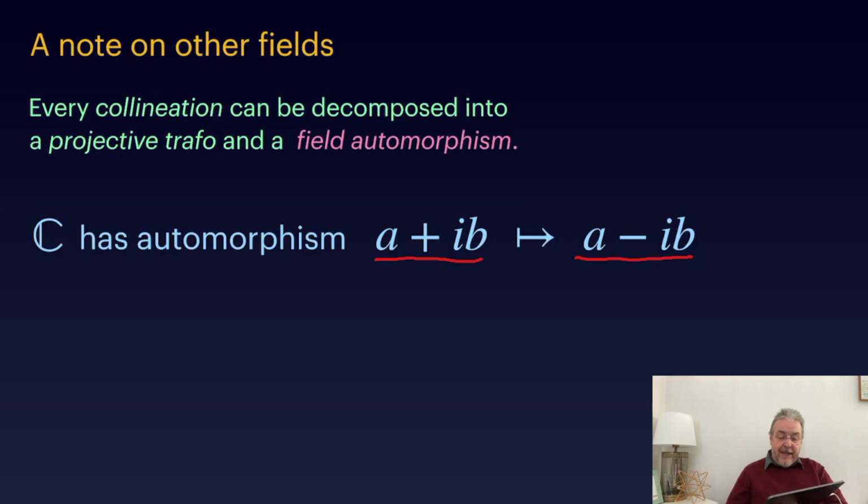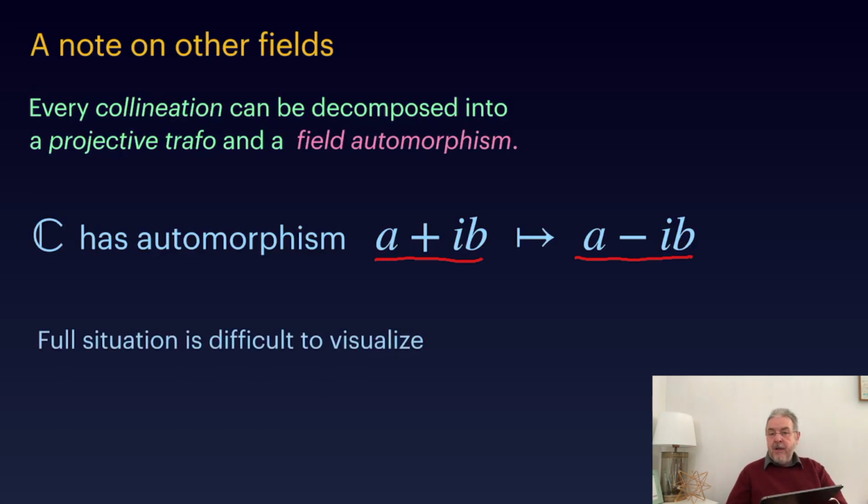But admittedly, the situation here is really difficult to visualize because the complex projective plane lives essentially in a 4-dimensional space. Each complex number has 2 real dimensions, so a complex plane has 4 real dimensions, and it's extremely hard to draw pictures.